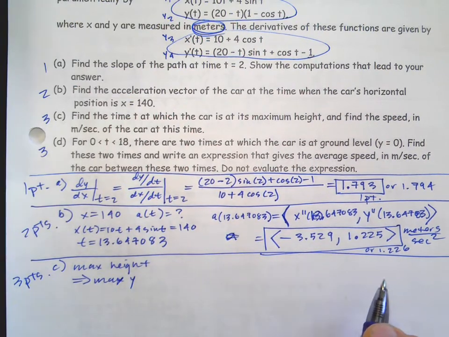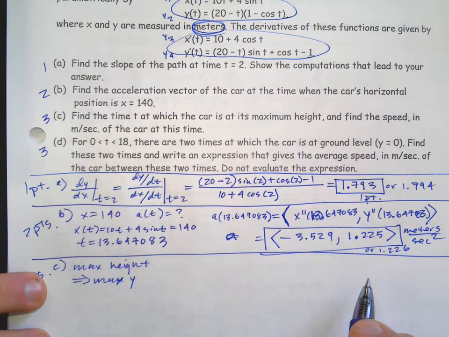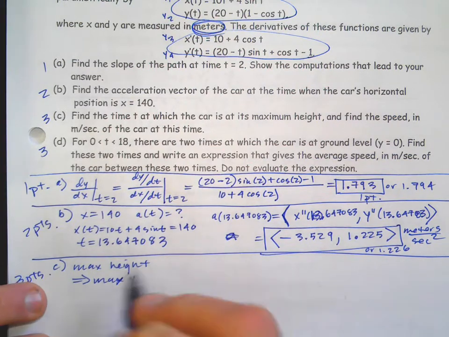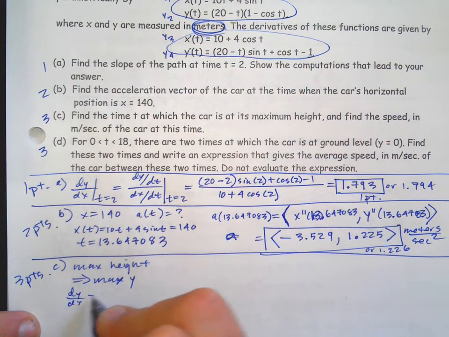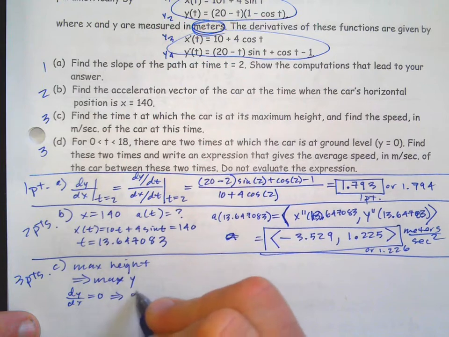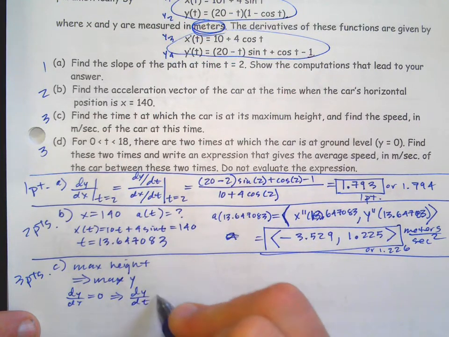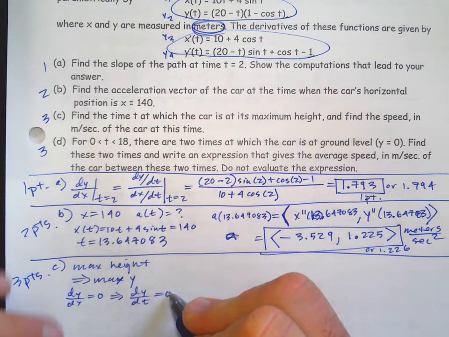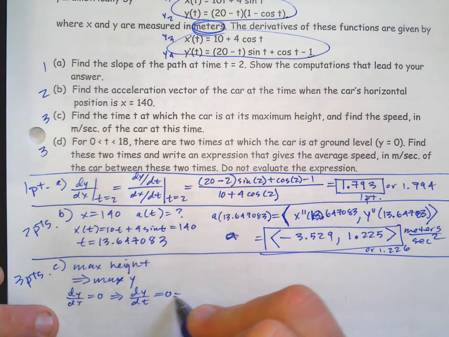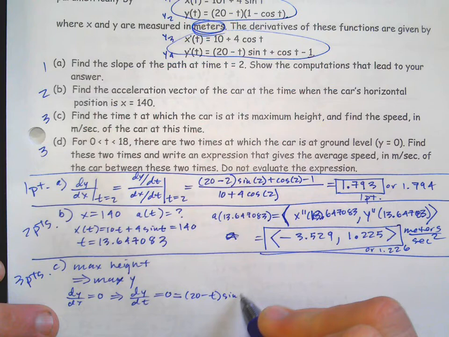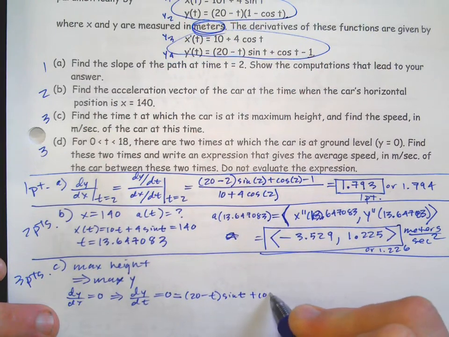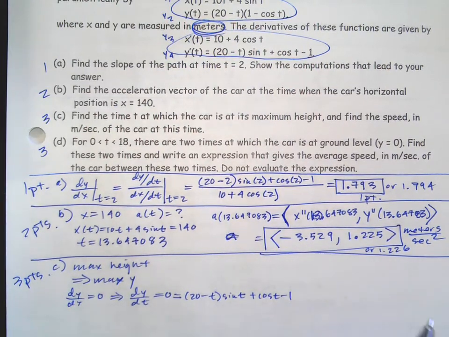Okay, and so that's going to happen at a horizontal tangent when dy/dx equals 0, or more specifically when dy/dt equals 0. And we have that expression, that's (20 minus t) sine t plus cosine t minus 1. So I'm using my calculator to solve this now.